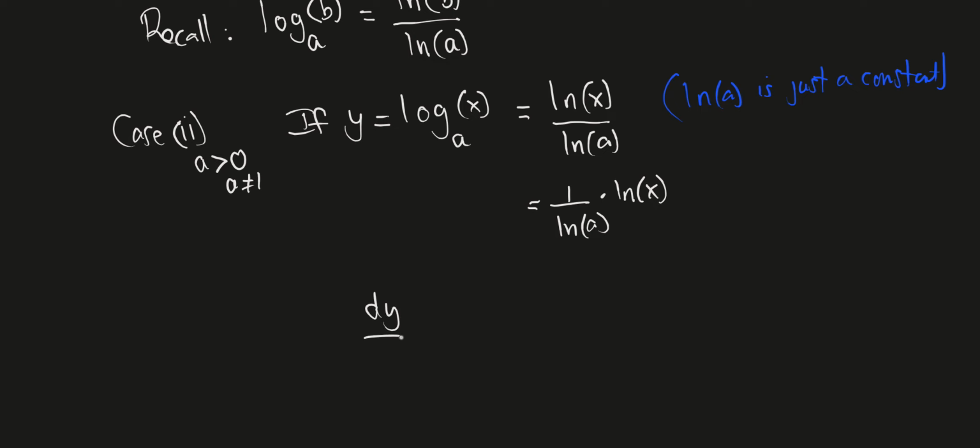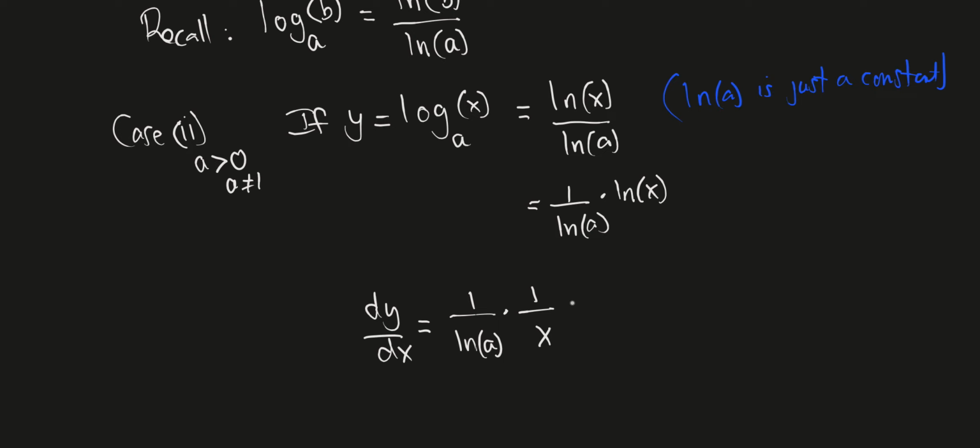So dy dx is equal to, looking at this expression now, bring down that constant, which is your 1 over the natural log of a, and then multiply by the derivative of the natural log of x, which is 1 over x.